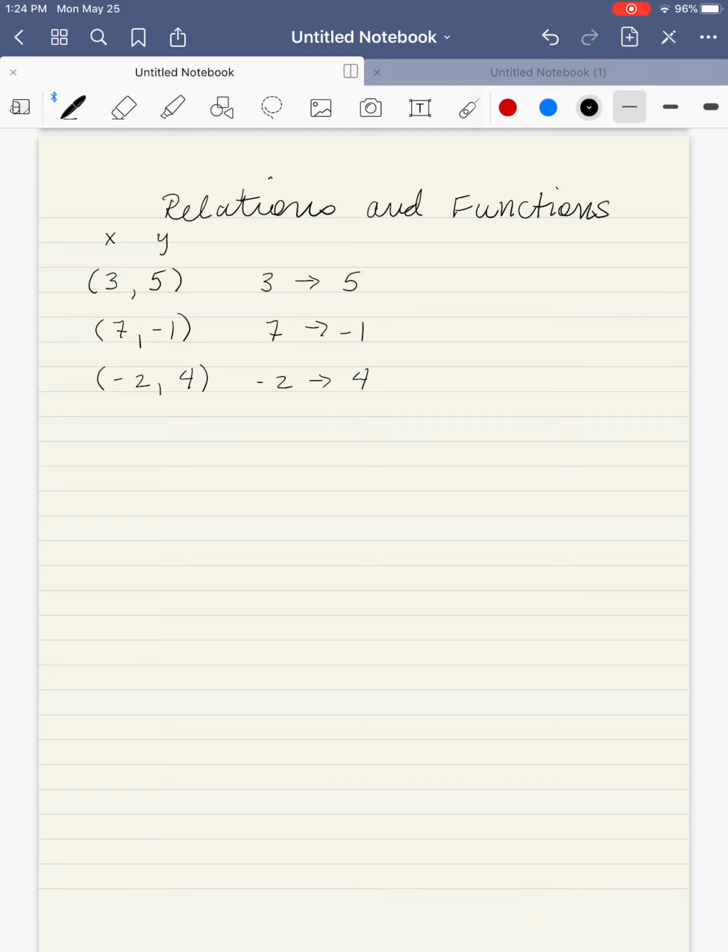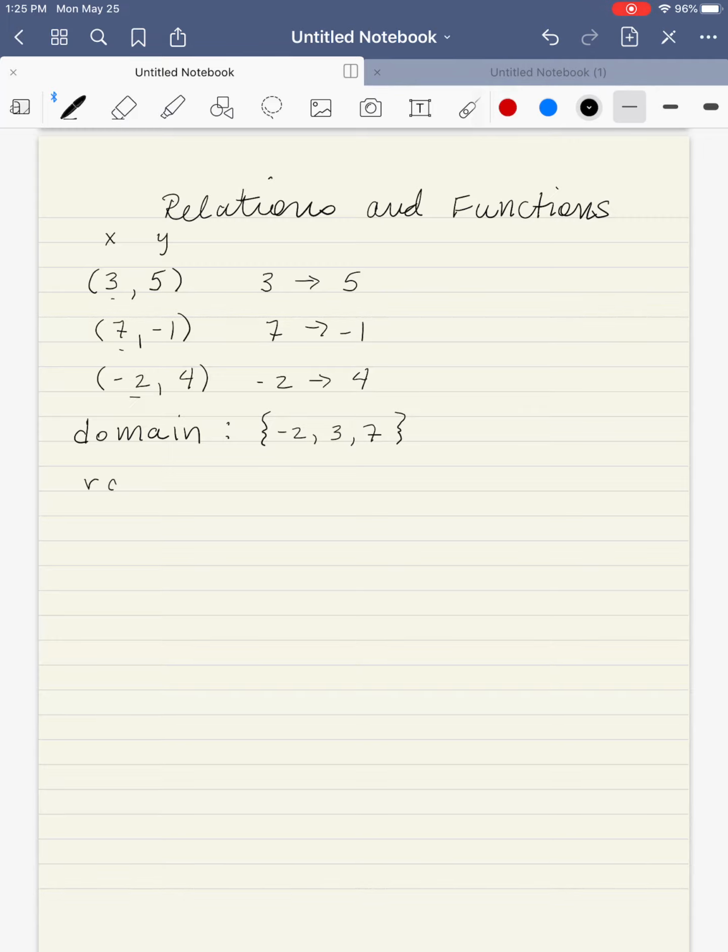We call the set of all the x's the domain. So in this case, my domain, and I'm going to use these symbols, this means the set of, so the domain is the set of the numbers, and we normally write them in numerical order. So -2, 3, and 7 are the three numbers that we've used as x's.